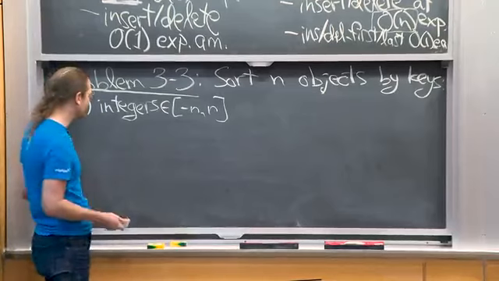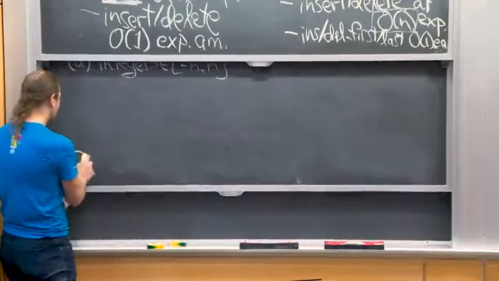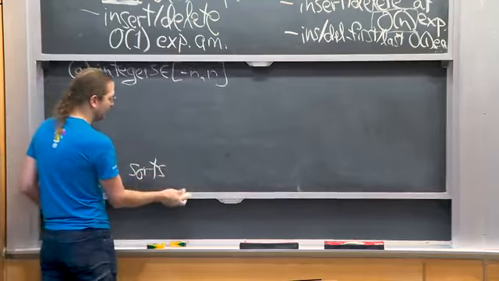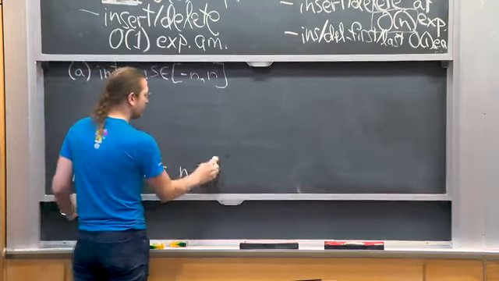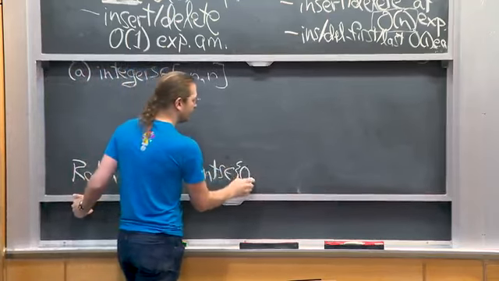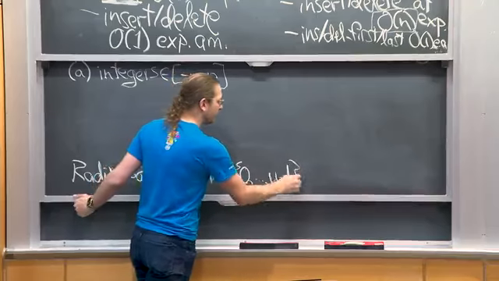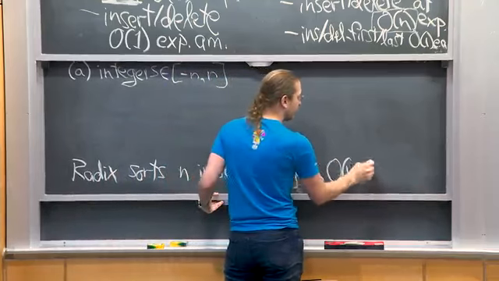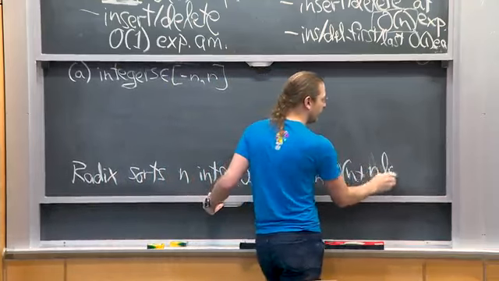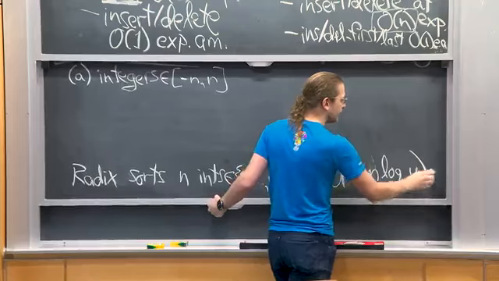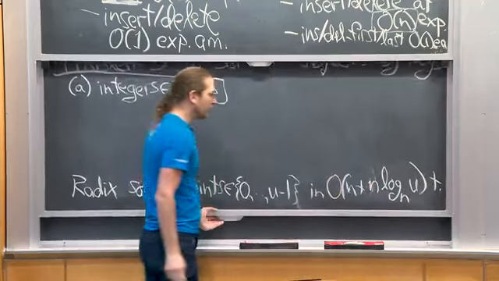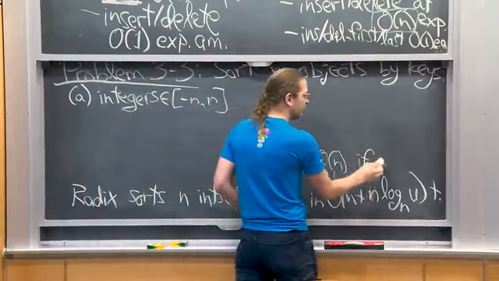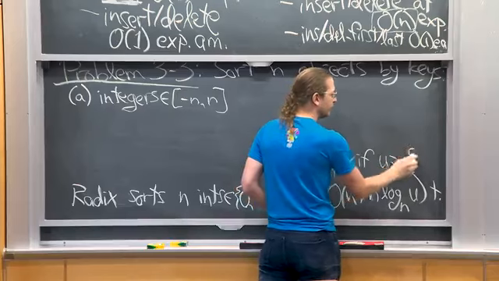Now, radix sort, the way we phrased it: radix sort sorts n integers in the range 0 to u minus 1 in n plus n log base n of u time. And in particular, this is linear time if u is n to some constant power.